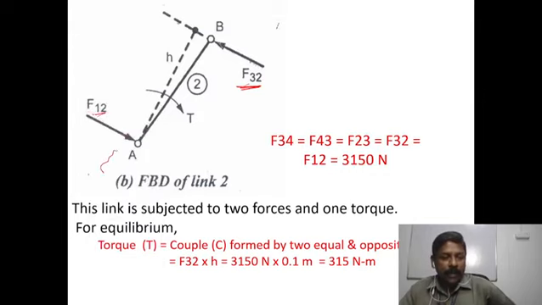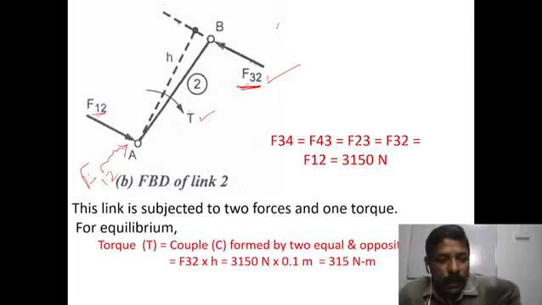We don't know its direction initially. Only the direction of F32 is known, but F12 is unknown. Initially we just mark it like this and represent the torque. So link 2 is subject to F32, F12 and a torque T.